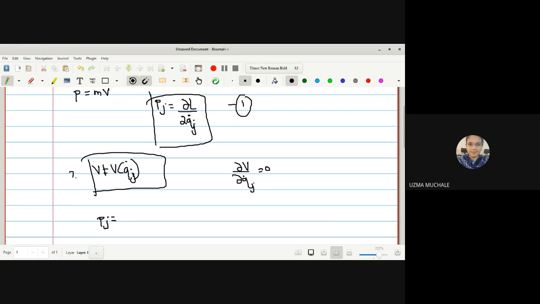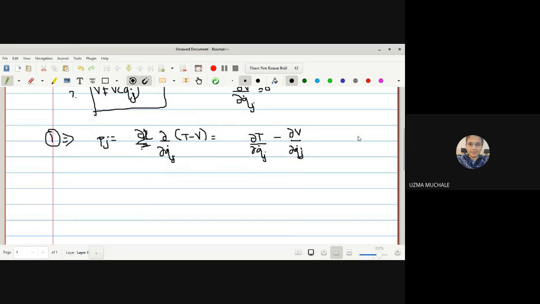So I can write equation 1 as Pj is equal to dou L by dou Qj dot, and L is nothing but T minus V, correct? So can I write this as dou T by dou Qj dot minus dou V by dou Qj dot? Does everyone know what L is? L is your Lagrangian function, which we defined in the derivation of Lagrange's equation of motion, and after that we saw the Lagrange's equation of motion for a conservative system, for a non-conservative system, and then for a partially conservative system.